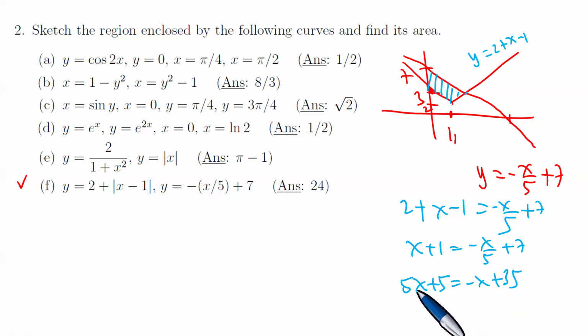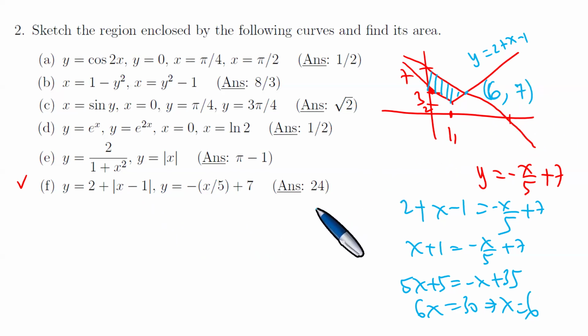Right, and then you have 5x and x, you get 6x equals 30. x is 6. So this one is going to intersect at x equals 6. And then at y equals what? So when x is 6, you put 6 minus 1, you get a 5. Plus 2, it gives you a 7. Okay, at that point there.